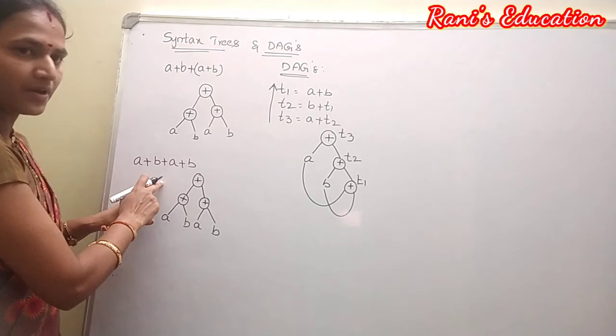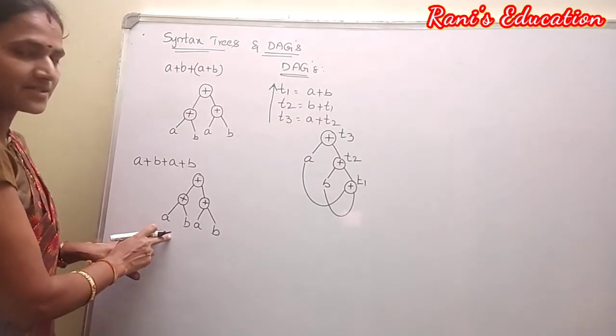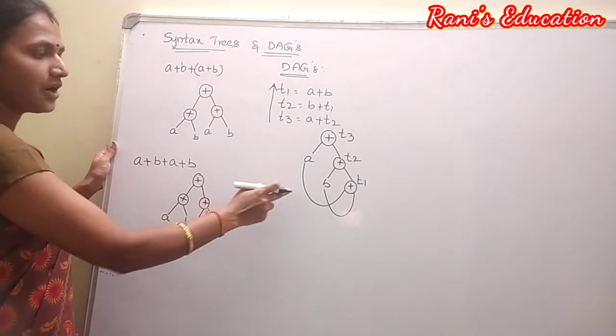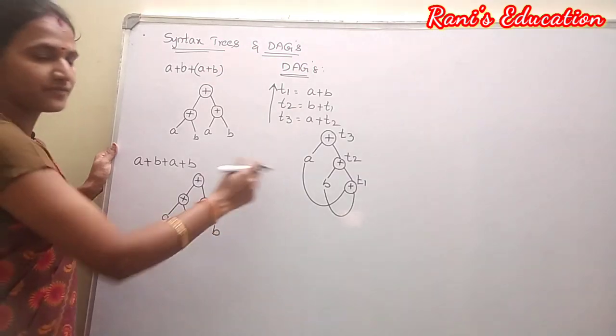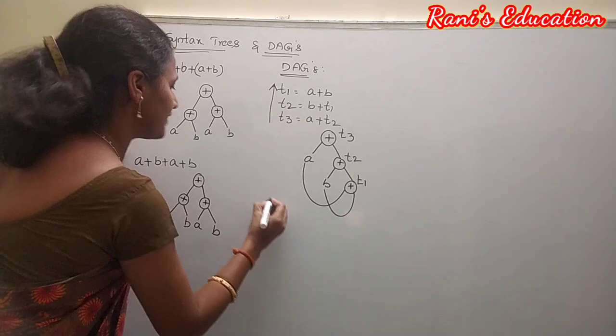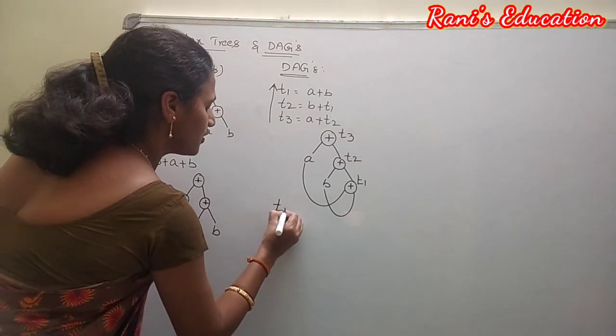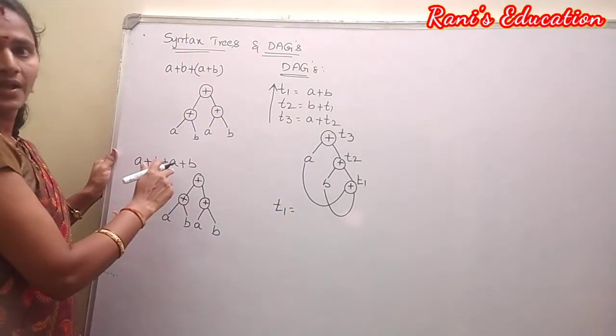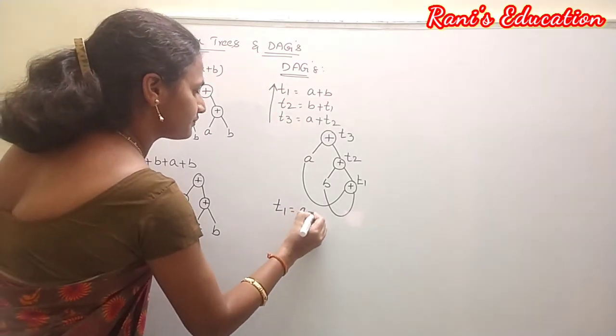Take another example. This is the syntax tree we have constructed. Now how are we going to construct the DAG for this? For this also we are going to write the 3 address code first. So here I am going to consider T1 as a plus b.